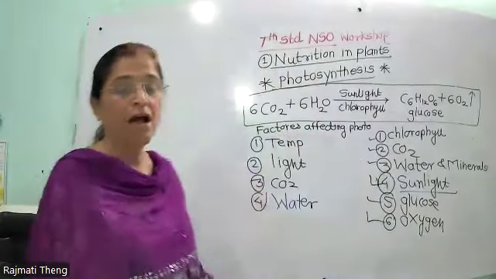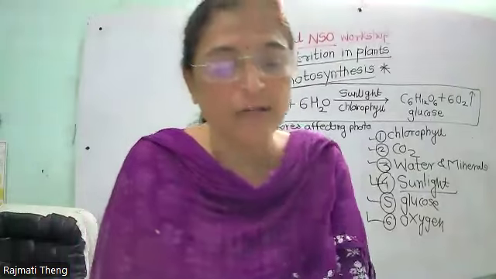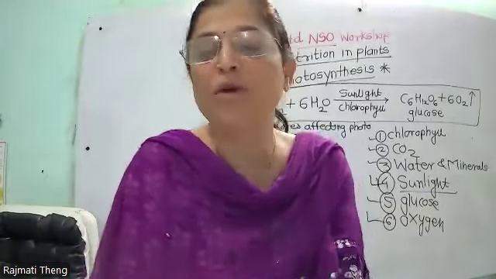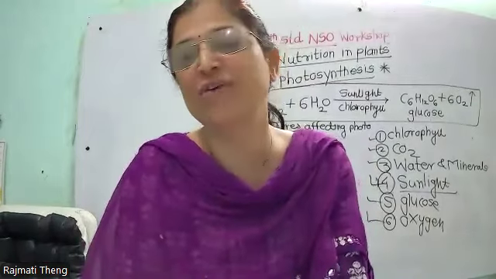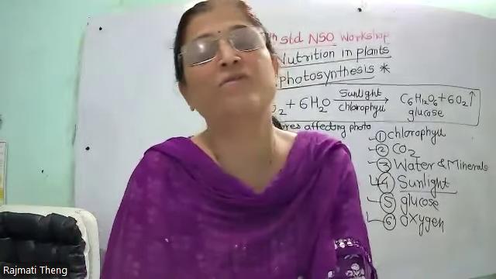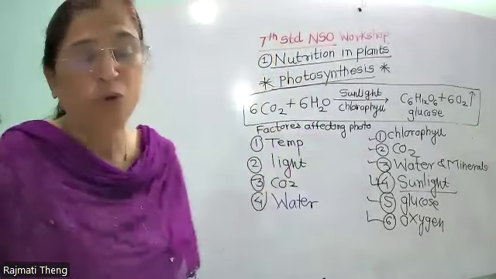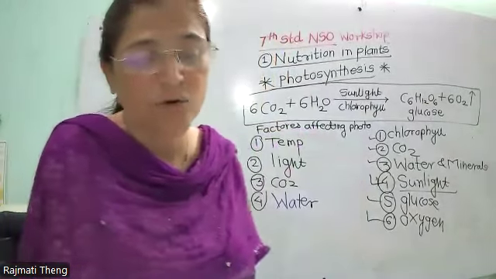Very high, then not important for photosynthesis. Then next one is water. The rate of photosynthesis decreases if the plant is not receiving a proper amount of water. प्लांट को प्रॉपर वाटर नहीं मिला तो फोटोसिंथेसिस का रेट कम हो जाता है.